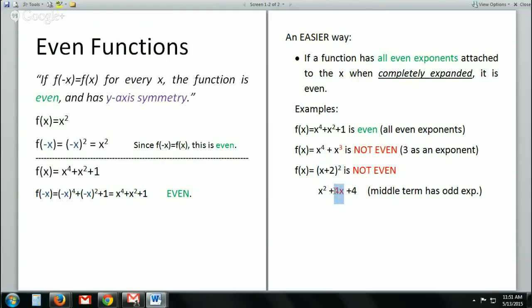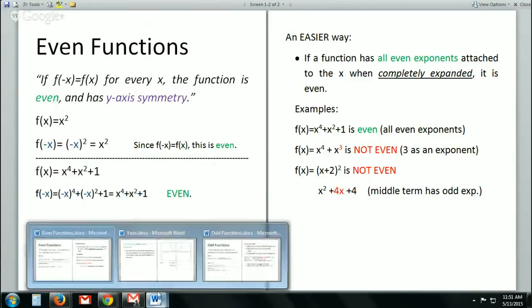Notice that the middle term we get when we multiply these things together and then times 2 has an odd exponent. It's got an understood 1 for its exponent. Since it has an odd exponent, this is not an even function. For it to be an even function, it has to have all even exponents.